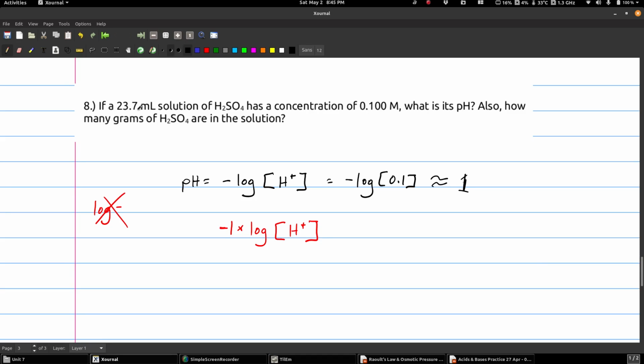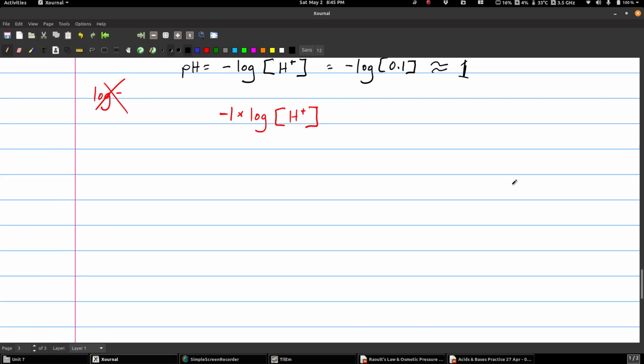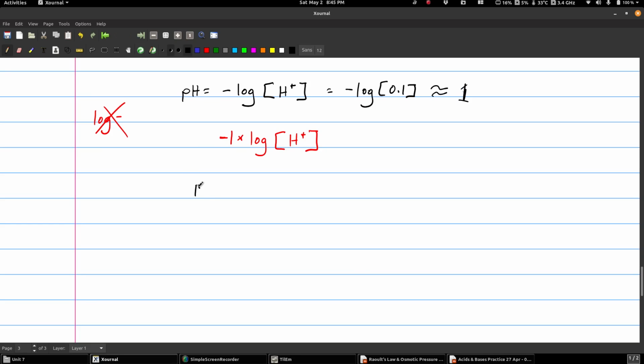Now, if you had 23.7 milliliters, how do you figure out how many grams of solution you have? So I want you to take a second and try and figure it out. Now, if you can't, I'm going to show you how to do it. So remember, molarity is n over V, so it's moles over volume.